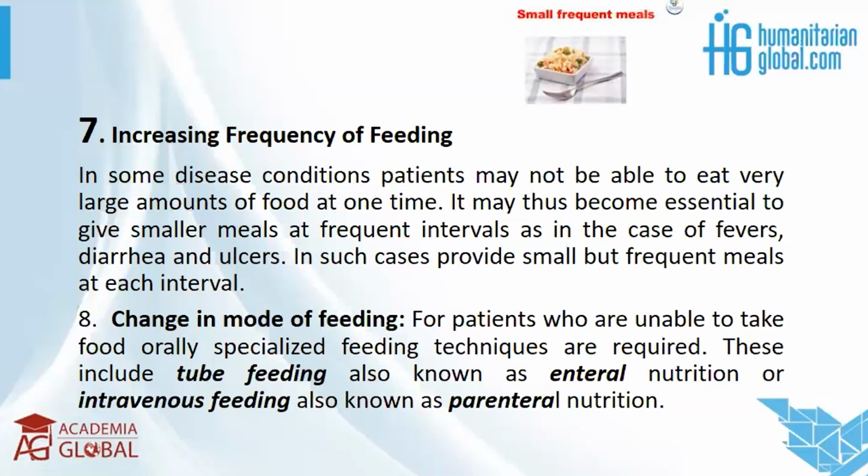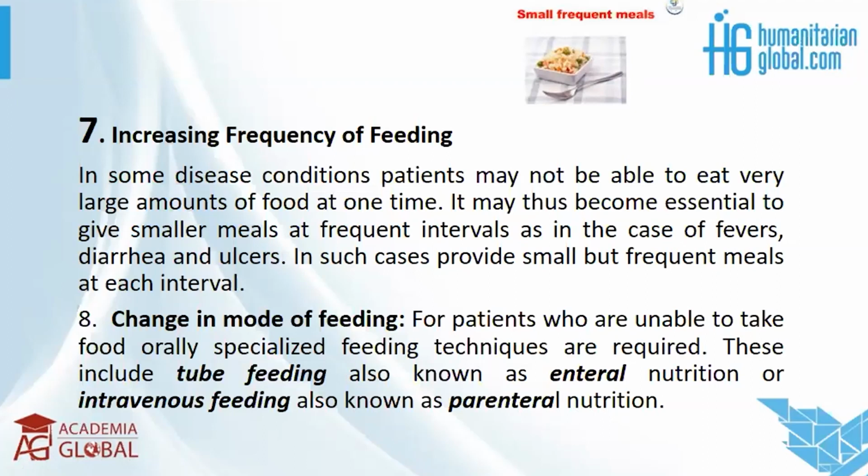We have 2 main techniques: tube feeding, also known as enteral nutrition, or intravenous feeding, also known as parenteral nutrition. In tube feeding, we use either commercial formulas or some blended food.